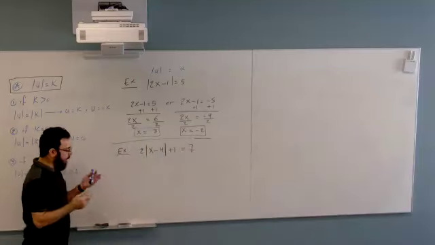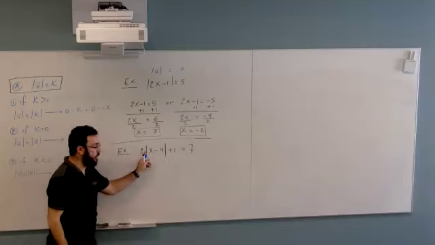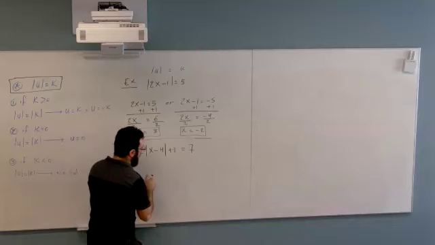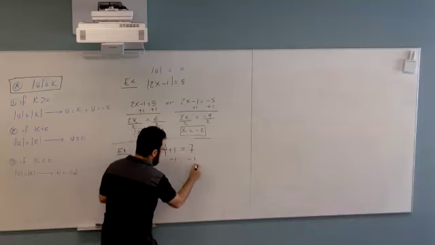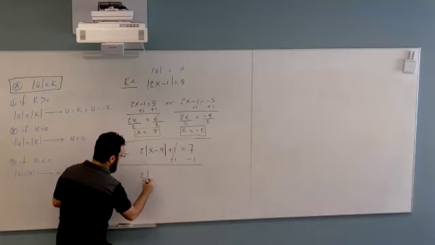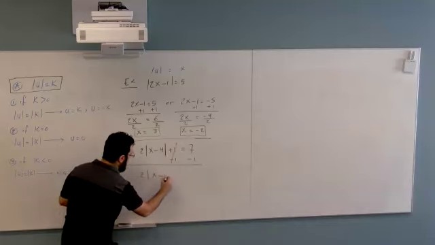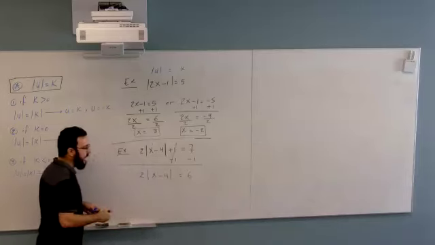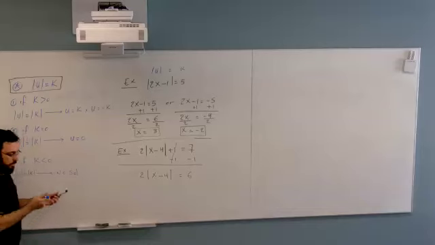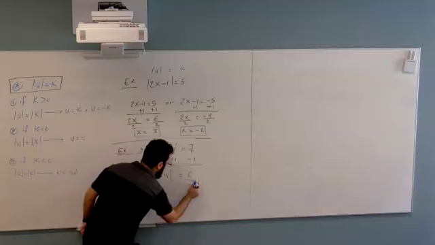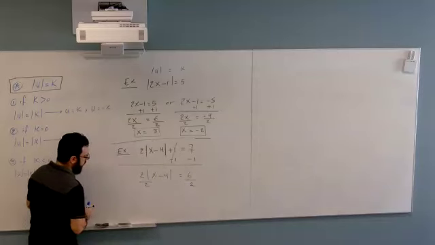Check 1. Perfect. The first thing I have to move, because there's multiplication here. So I have to subtract 1 from both sides. So it'll be 2 times the absolute value of x minus 4 equals what? 6. Next step, divide by 2. I'm going to divide this one by 2 and this one by 2.